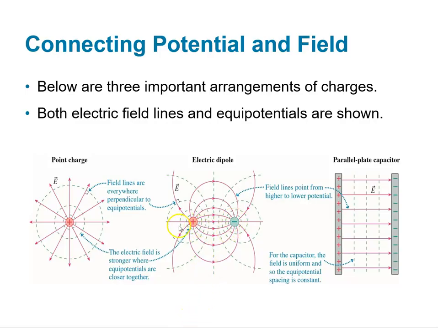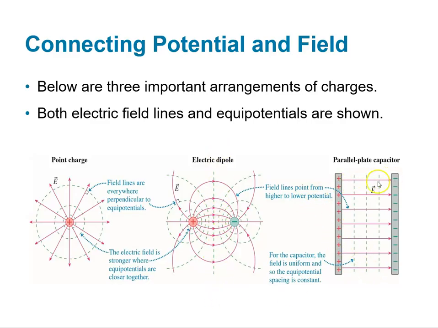This is a dipole. We mapped this in class. We know that the electric field is stronger the closer you are to one of the charges, and it gets weaker the farther away that you go. The magnitude of the electric field is actually 0 in between the dipole.